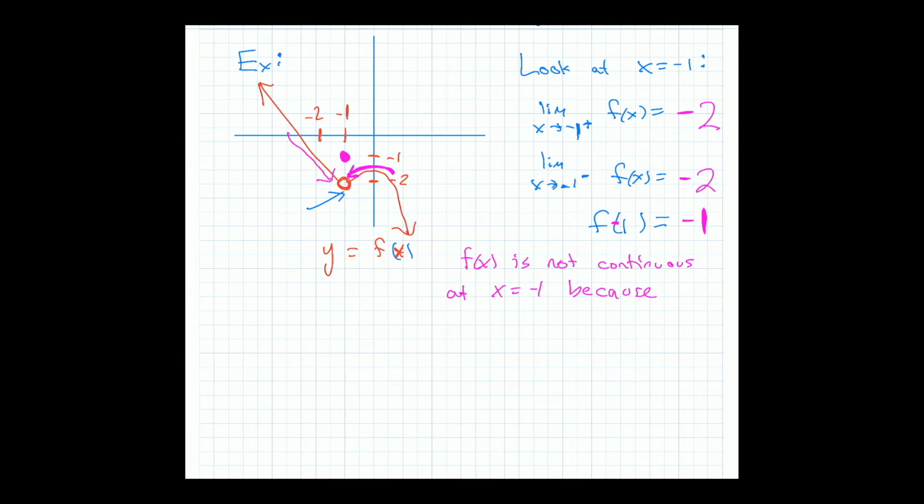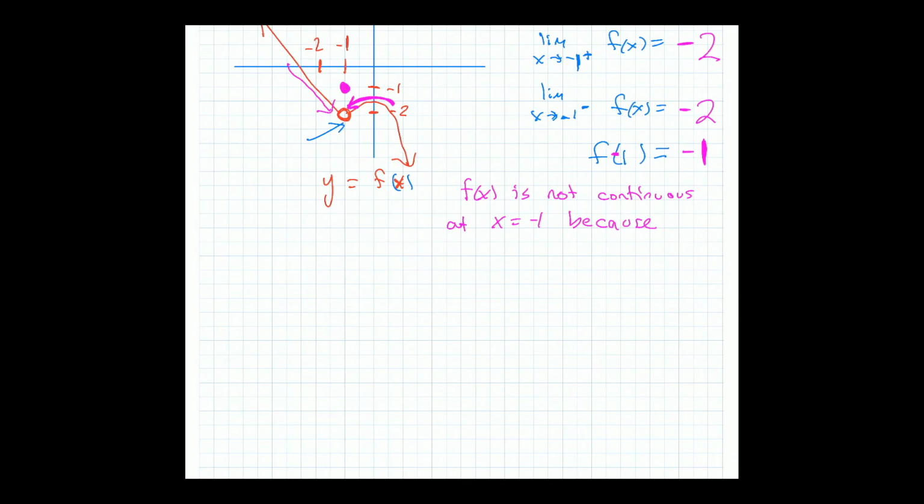So this is a multiple choice question in the book, and our choices are as follows. I'll just write them and we can decide. Choice A: f of -1 is not defined. Choice B: the limit as x approaches -1 of f of x does not exist.